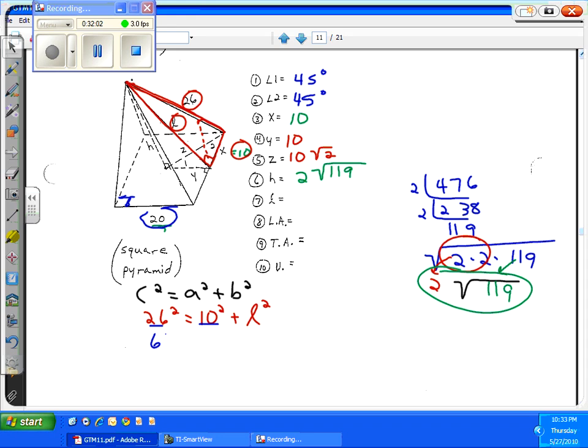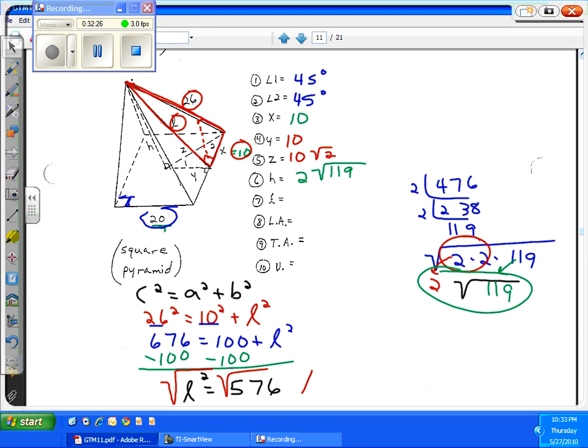We square them. We get 676 is equal to 100 plus L squared. We're going to undo, so we subtract 100. Subtract 100. We're going to have L squared is equal to 576. To get rid of the square, you take the square root, and we get slant height is 24. So the slant height is 24. Okay?